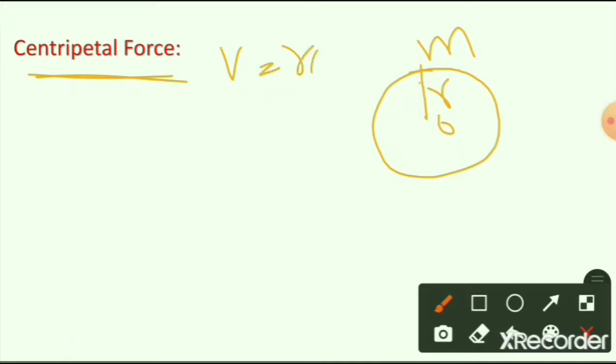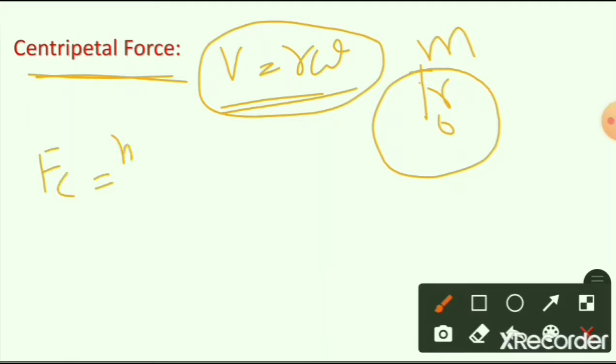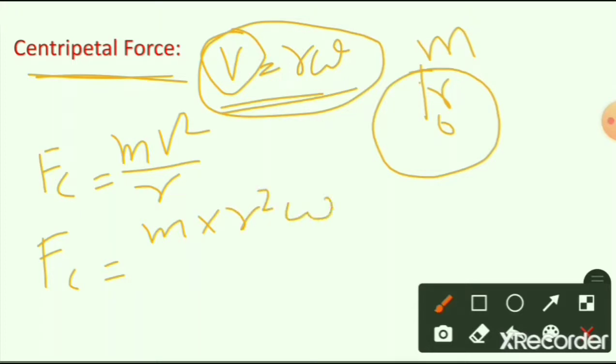Centripetal force. Centripetal force means center seeking force. R is the radius, m is the mass. It is always acting towards the center. V equal to R omega, and centripetal force Fc equal to mv square by R. Then Fc equal to m into R square omega square by R. R cancels.